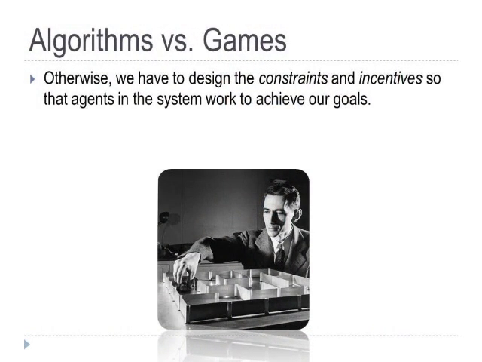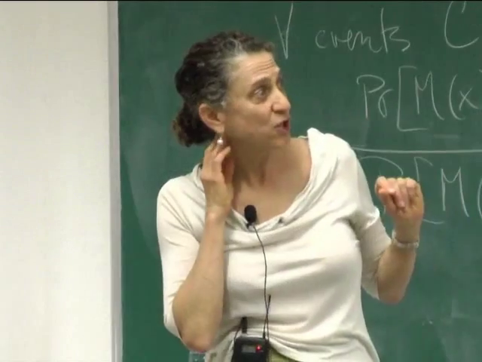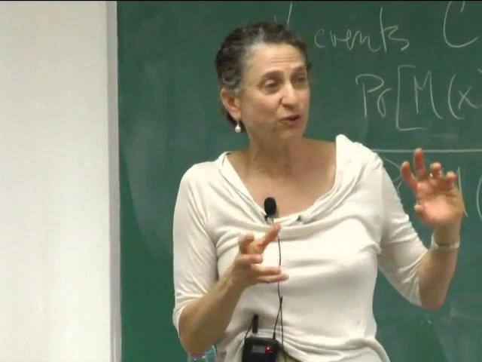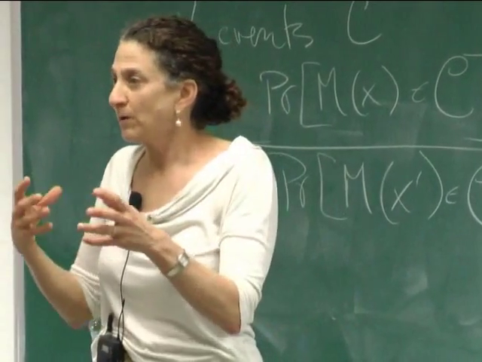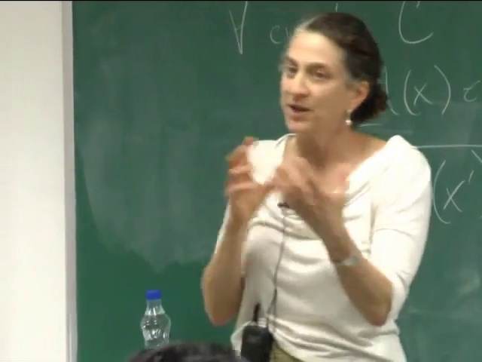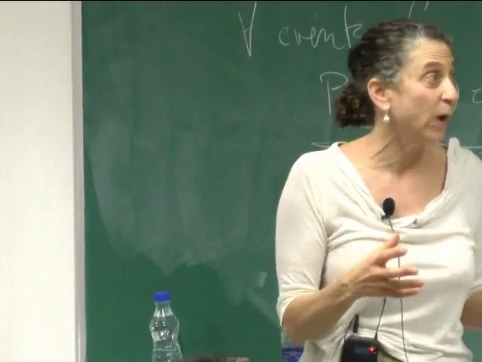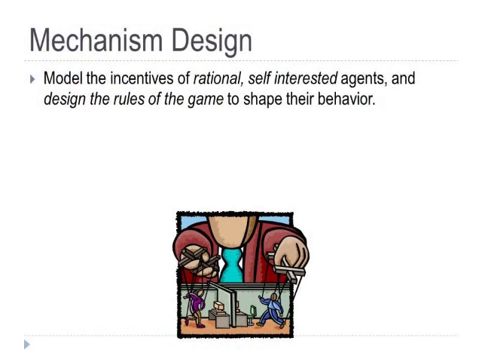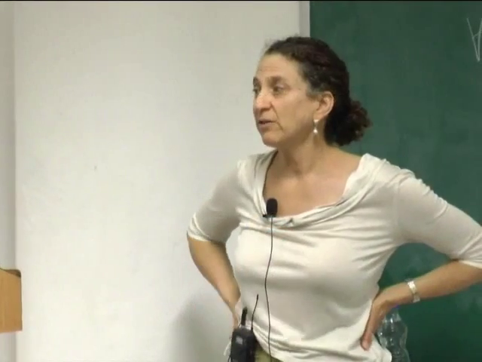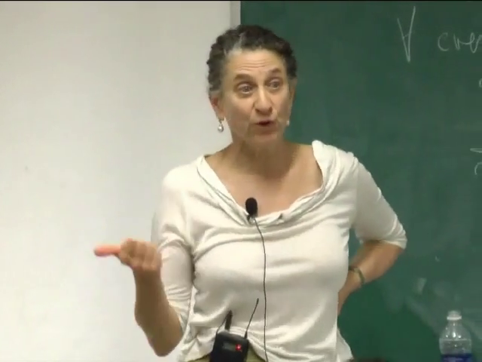But in auctions and game theory and things like this, you want to design the constraints and the incentives so that the people who are taking part in your auction or taking part in the game will behave the way you want them to. Specifically in auctions, you want to model the incentives of people who are assumed, first of all, to be rational.